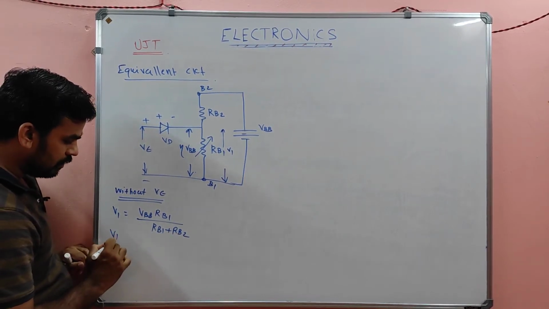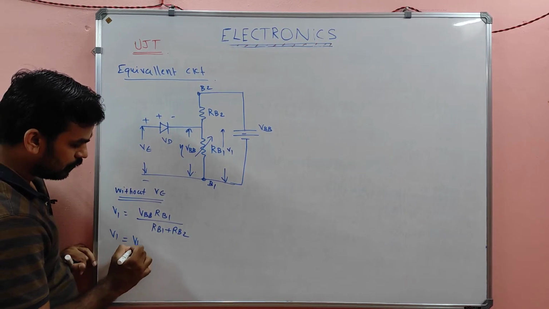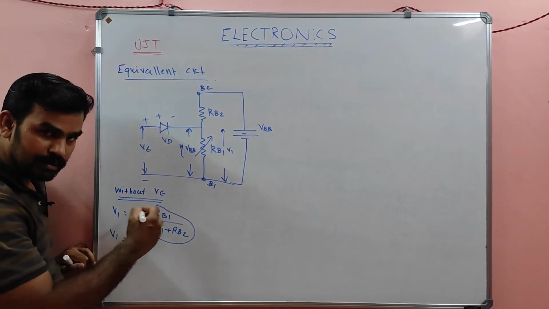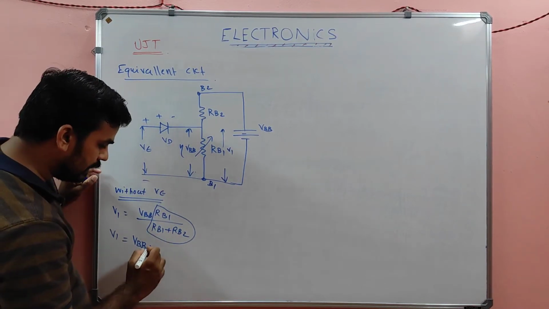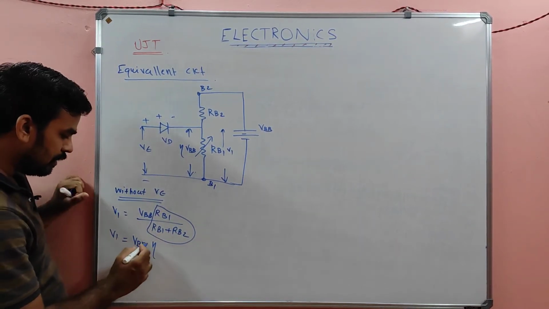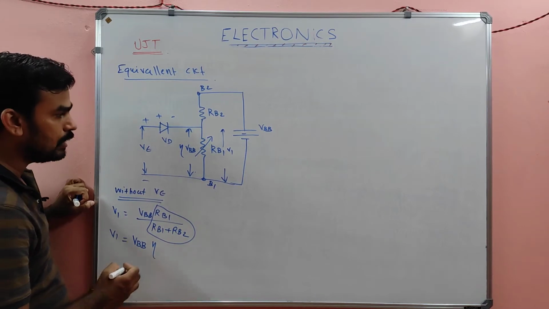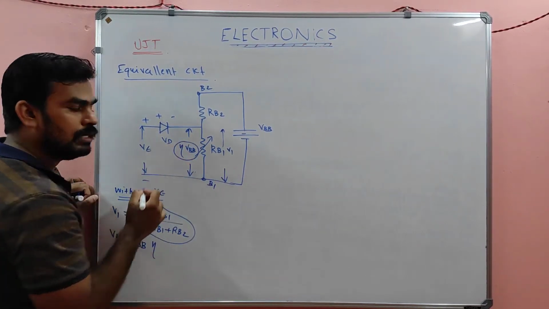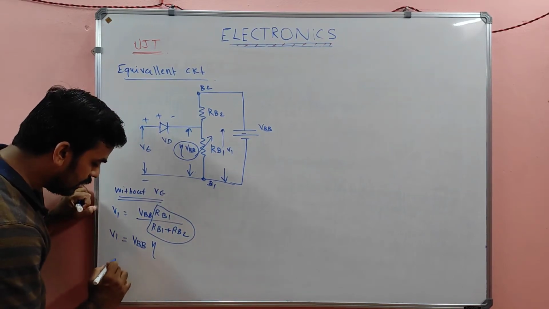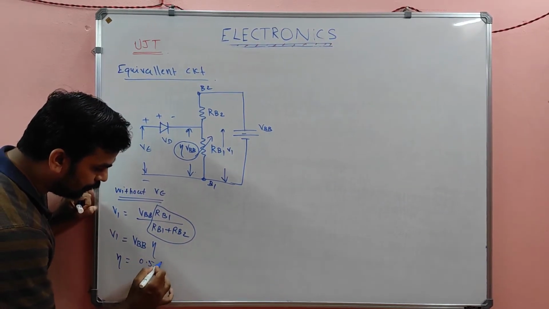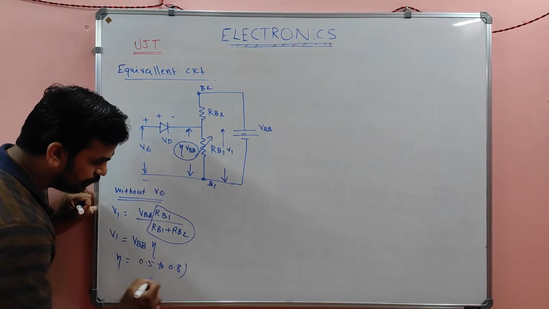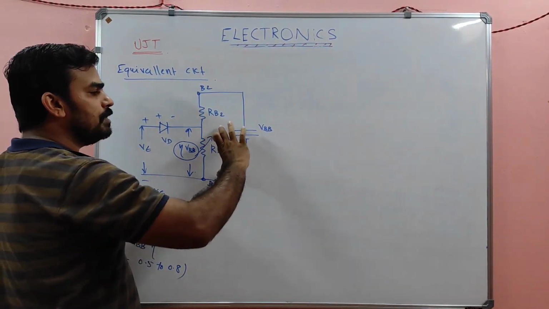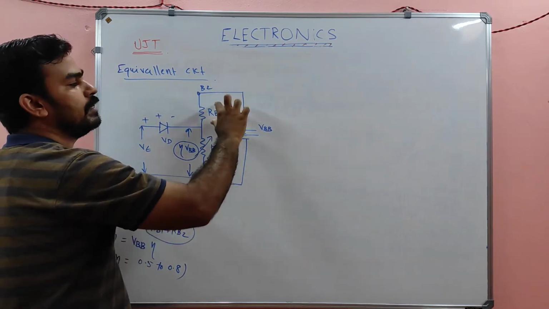Let us take RB1 divided by RB1 plus RB2 as eta. So V1 equals VBB into eta. The eta will vary from 0.5 to 0.8, because, as I already mentioned, more voltage will be dropped across RB1, not across RB2.